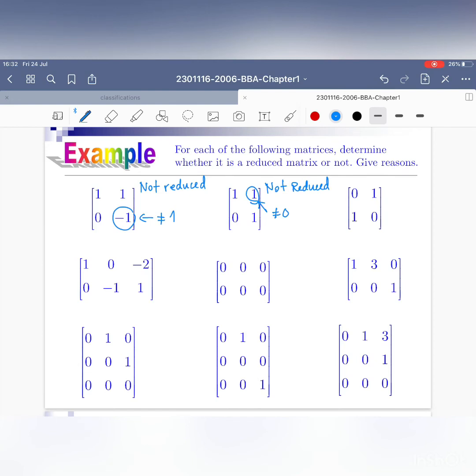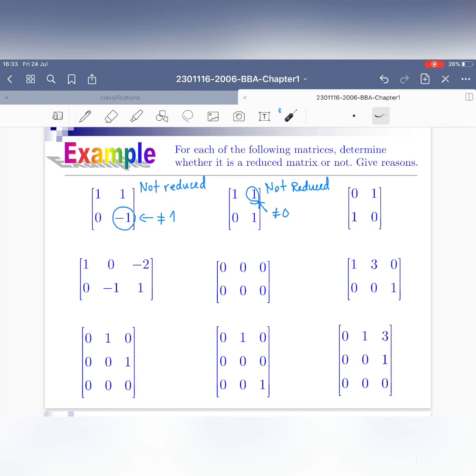Okay, how about here? This one is your first non-zero row. The leading on this row, it is what? It is 1, so it's okay, and the rest, it is 0. Here, the second non-zero row, the leading is 1, and the rest in that column is all 0, so it is okay.